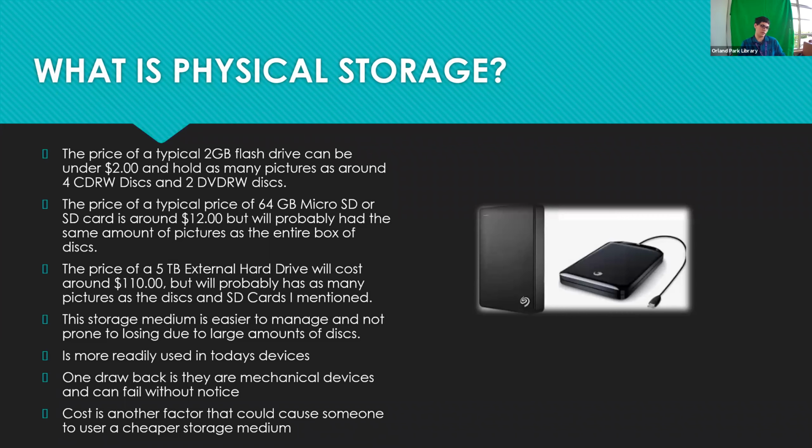Most people will only ever use a micro SD card if they're taking it out of a phone or a camera and moving it to their computer. And then if you're going to actually store your photos, you're probably going to move them from your computer to a hard drive, like this external hard drive that's on screen.